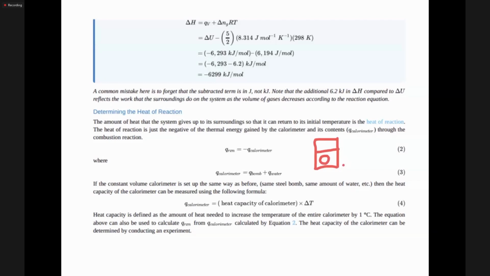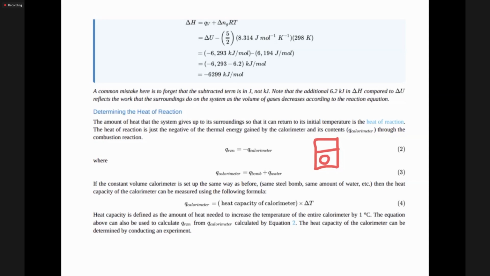If the constant volume calorimeter is set up the same way as before, same steel bomb, same amount of water, everything kept the same, then the heat capacity of the calorimeter can be measured using the formula: Q calorimeter is equal to heat capacity, or C of the calorimeter, into delta T. The heat capacity is defined as the amount of heat needed to increase the temperature of the calorimeter by 1 degree Celsius.